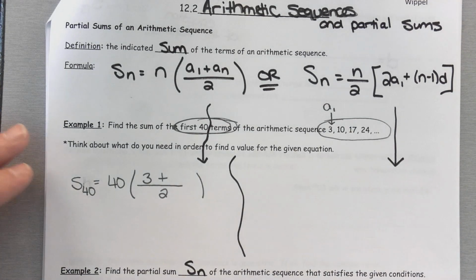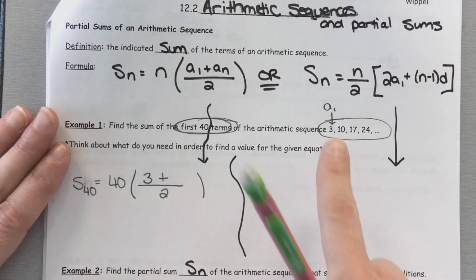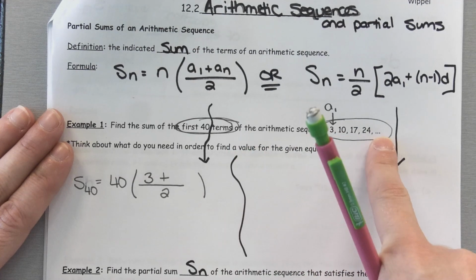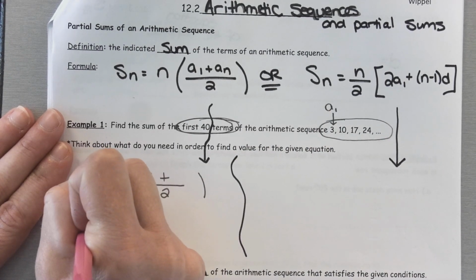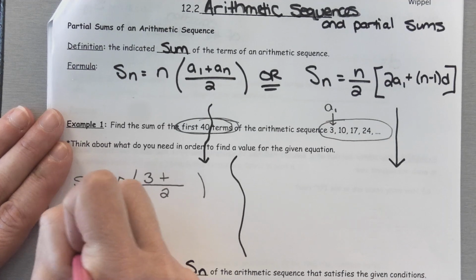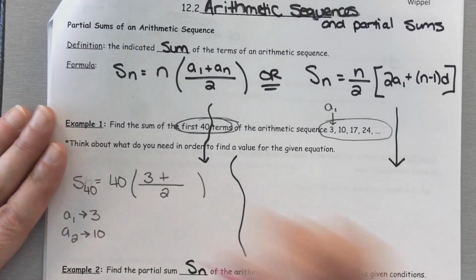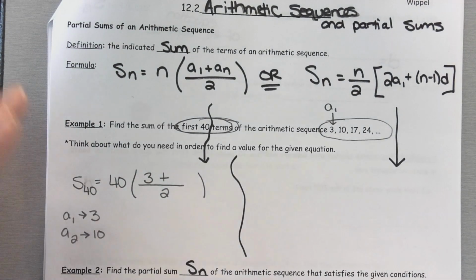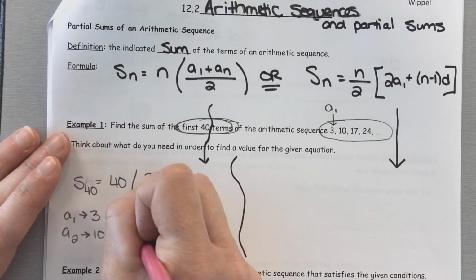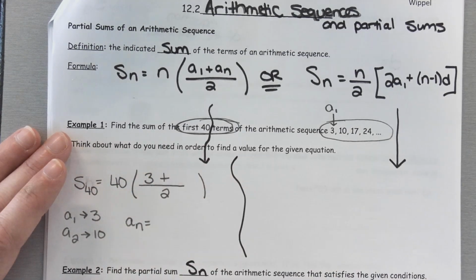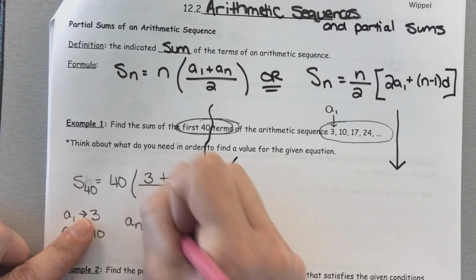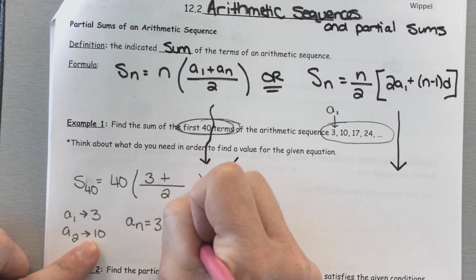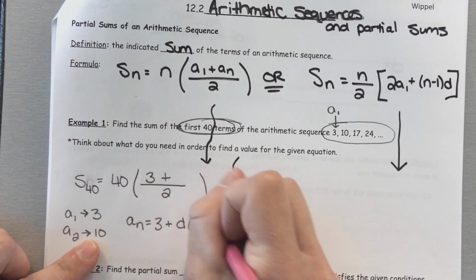So let's find a sub 40 really quick. Let's start here and think about this sequence. So a sub 1 is 3, a sub 2 is 10. What did I jump up by? 7. Okay, so think about your formula from yesterday. A sub n equals a sub 1 plus the constant difference times n minus 1.